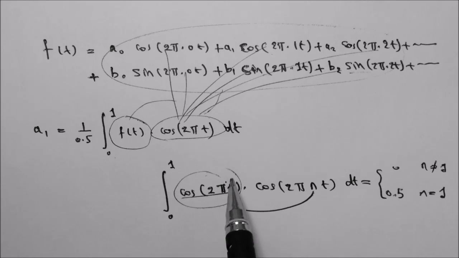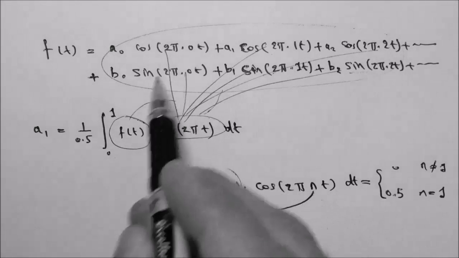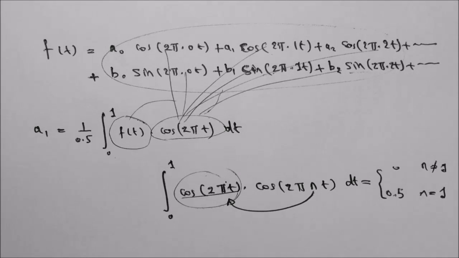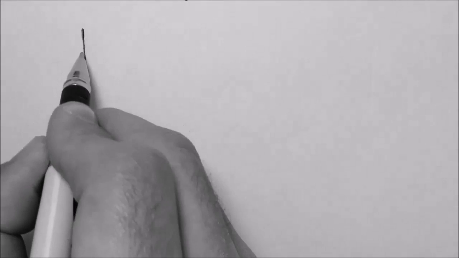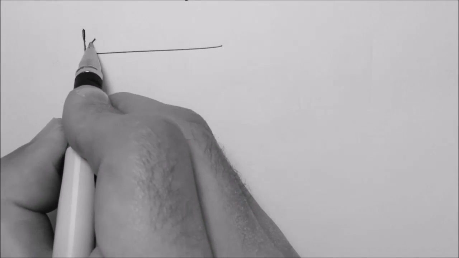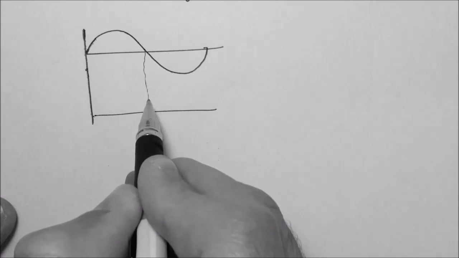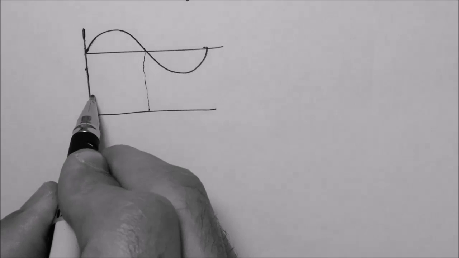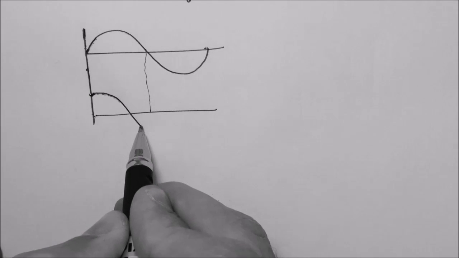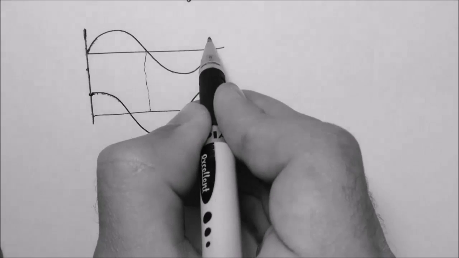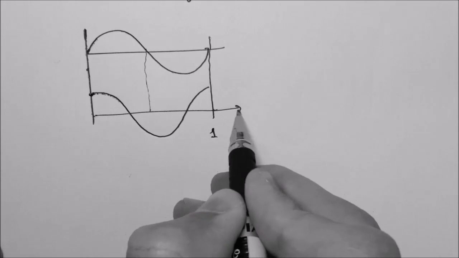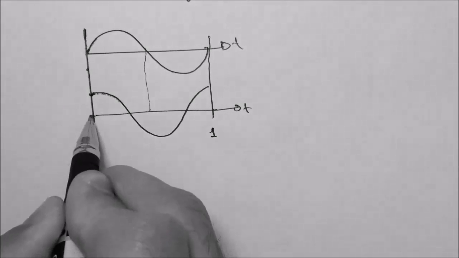Now, to understand the interaction between these cosinusoids and sinusoid components inside f(t), we need to see this. If we multiply a 1 hertz sinusoid by a 1 hertz cosinusoid, what do we get? So this is a 1 hertz cosinusoid. Okay, so this is 1 second. We multiply them together.